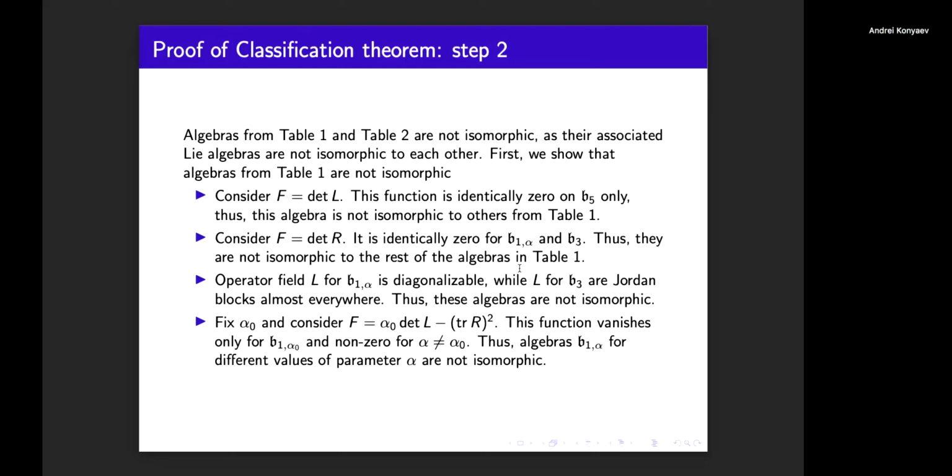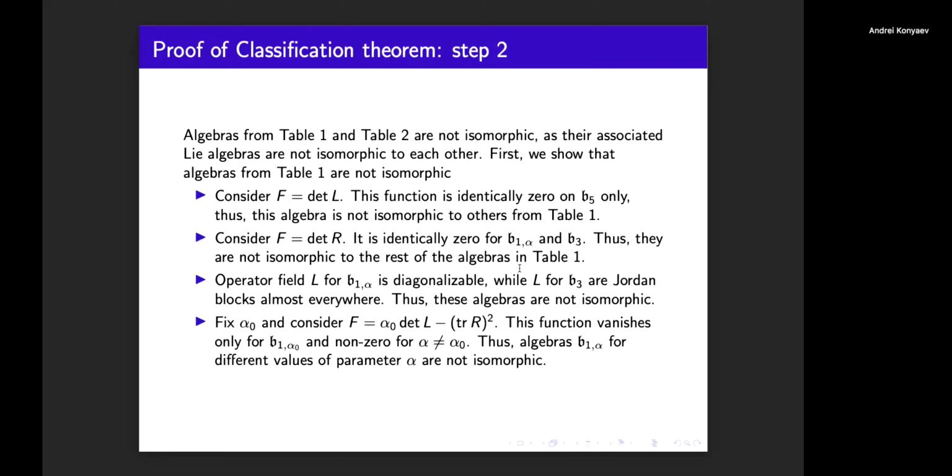Those are the coefficients of the characteristic polynomial of both L and R. So basically we have four functions: the trace and determinant of R, and the trace and determinant of L. If the diffeomorphism exists, then those functions coincide, and if these functions do not coincide, then this isomorphism does not exist.